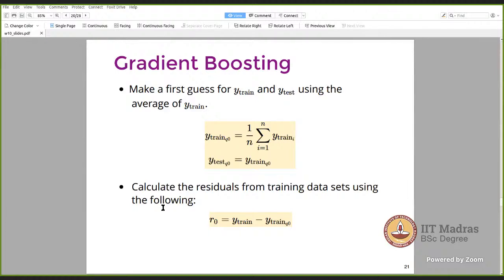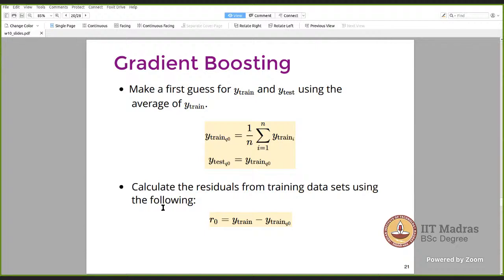Now, moving on to the second step, visualize your X matrix, visualize your Y vector, and visualize a residual vector after your Y vector. That residual vector will have the difference between the actual Y and the predicted Y by the first weak learner. This predicted Y came from the average by the first predictor.